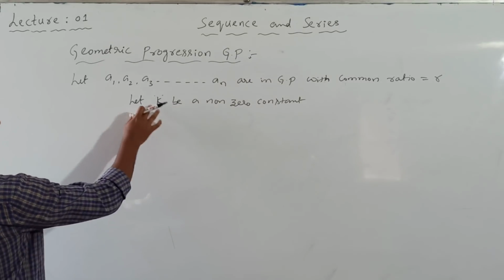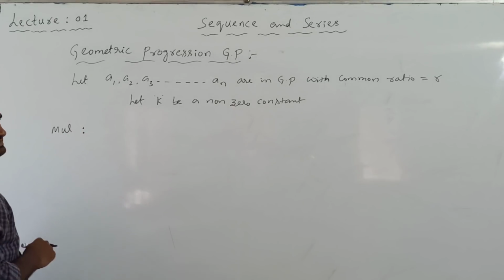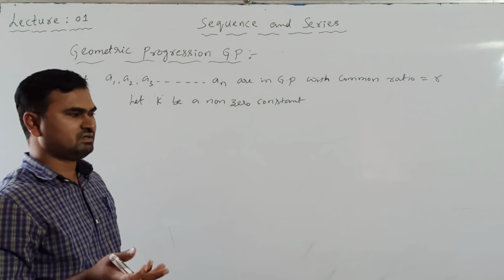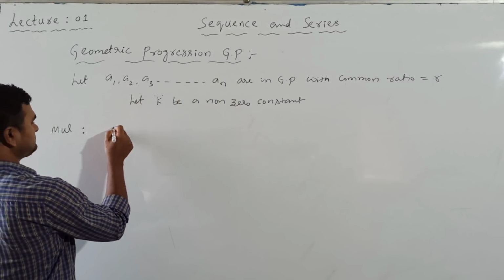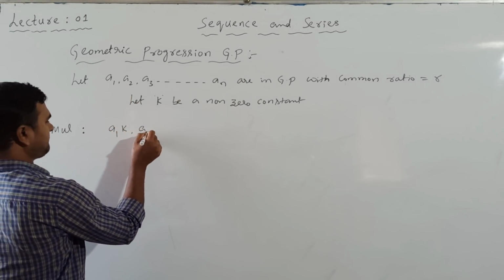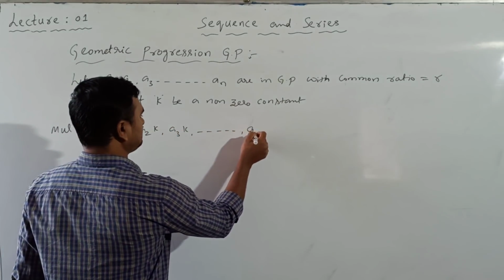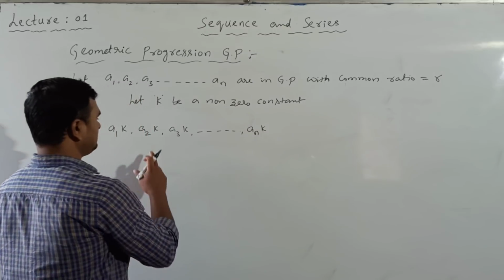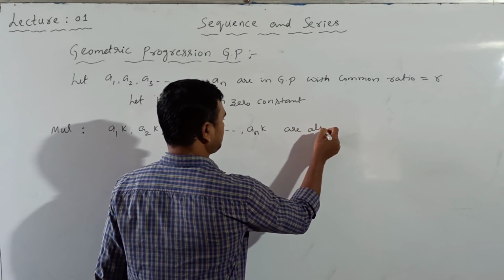So if I multiply K to each of these terms, addition and subtraction we don't take here because it will not be forming GP. If I multiply K to each of these terms, it is A1K, A2K, A3K and so on, ANK, and the ratio is same.